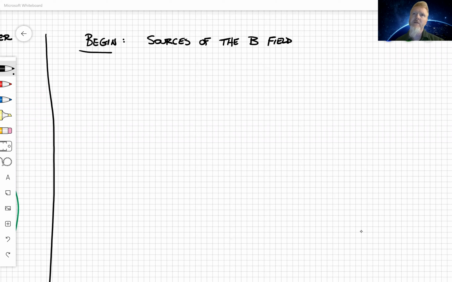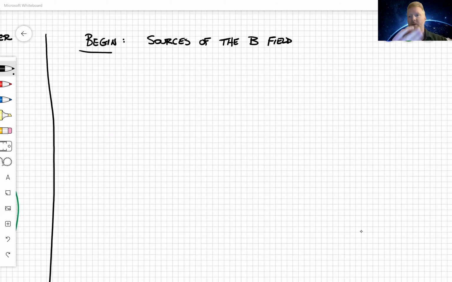So we know that magnetic fields are made by moving charges, and one of the ways that we can think about that is with an electric current. So let's imagine that we have a current distribution, and we would like to find the magnetic field from something like that.